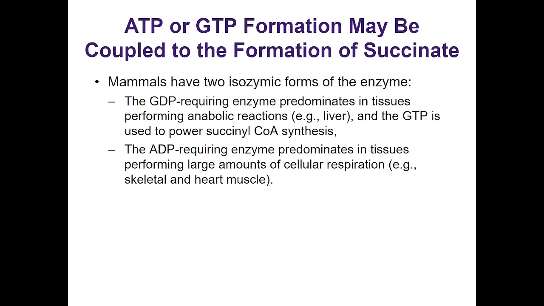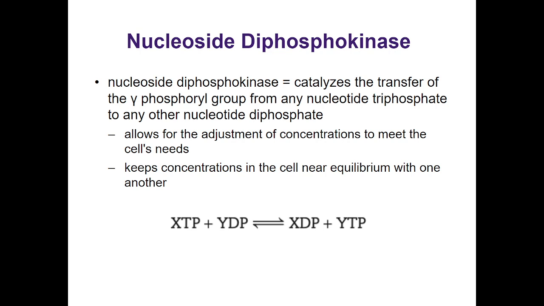The ADP requiring enzyme is going to predominate in tissues performing large amounts of cellular respiration, things like the skeletal and heart muscles. And so, yes, that's a little bit weird, isn't it? Keep in mind that the G and the A portions can actually interfere with your specific binding, okay? Because they are slightly different bases, right? They have different hydrogen bonding patterns, etc.